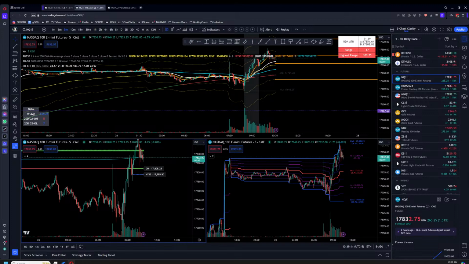It is rejecting at the RDA on chart 2, and so far it hasn't closed above it. Second it closes above it, then maybe we have something. But till then, there's nothing really going on. All right, so where's this color?